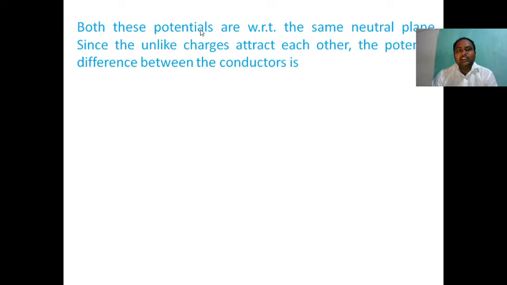Both these potentials are with respect to the same neutral plane. In a single phase line we consider one neutral plane, so both these potentials are with respect to the same neutral plane. Since unlike charges attract each other, one conductor having positive charge and another negative charge, the potential difference between the conductors means the total electric field intensity is E positive plus E negative.